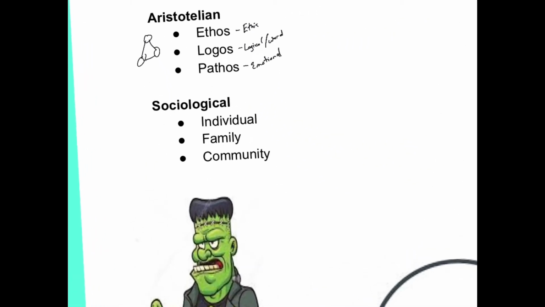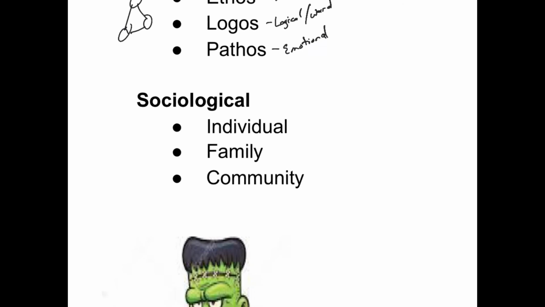All right, some other models we have. The sociological. Sociological says we can look at a situation like what's happening in a novel on an individual level, as the only people that are affected are the specific individuals and no one else. We can look at it a little bit larger and think of it in terms of the family.